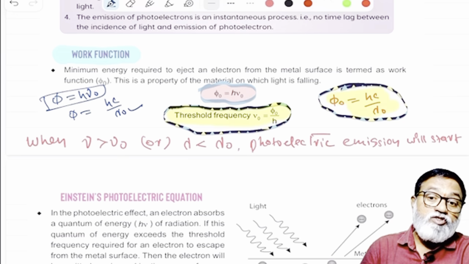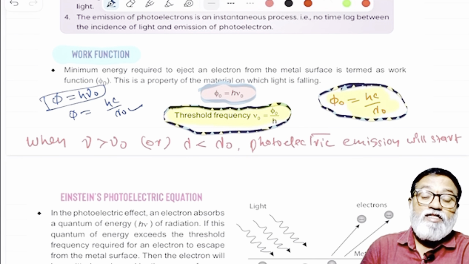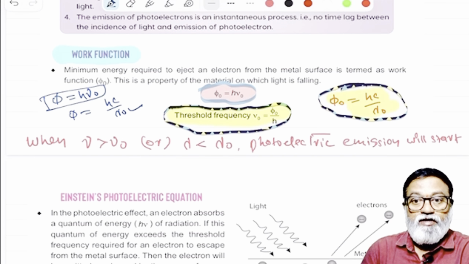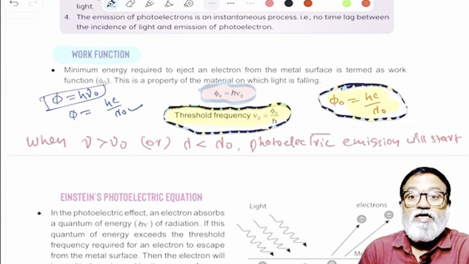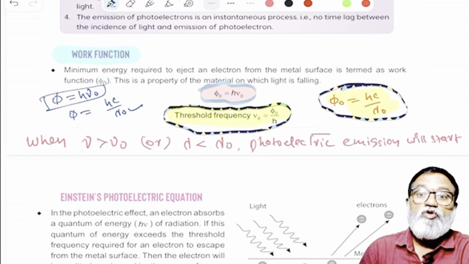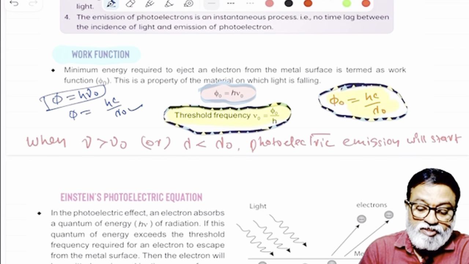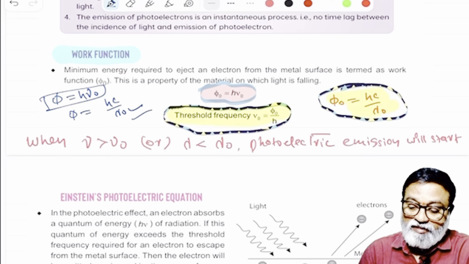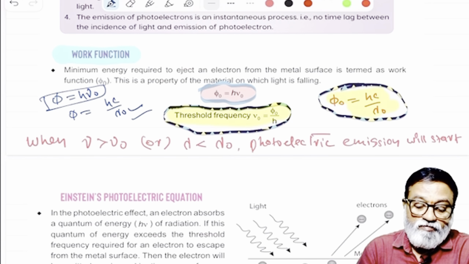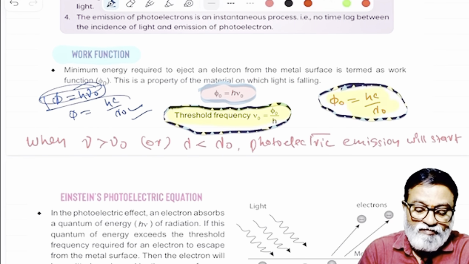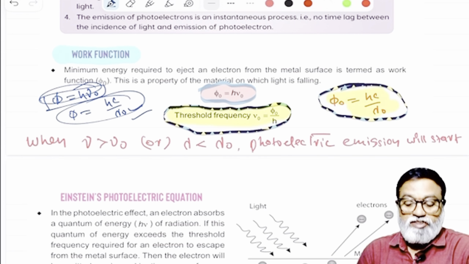See, it is the reverse of threshold frequency. Threshold frequency means the minimum frequency above which only electrons are emitted. But threshold wavelength means the maximum wavelength below which only electrons are emitted. Therefore, for the work function, there are two formulas: phi is equal to h nu naught, and another one is phi is equal to hc by lambda naught.